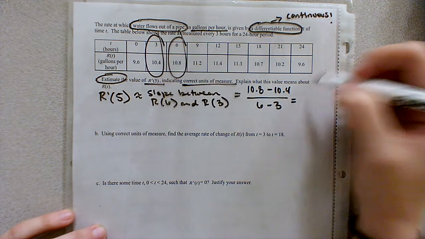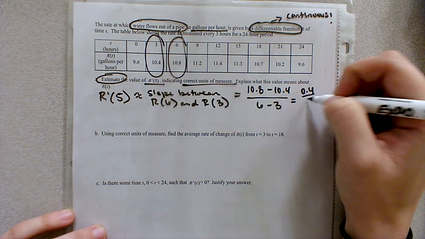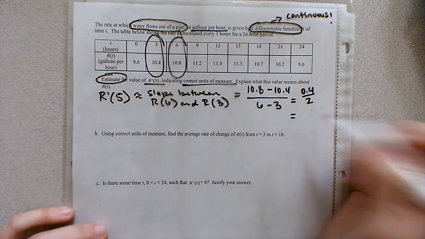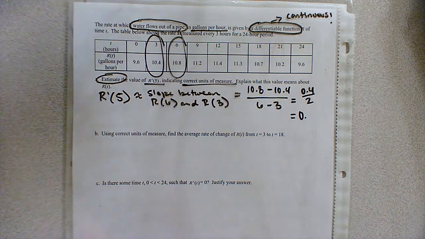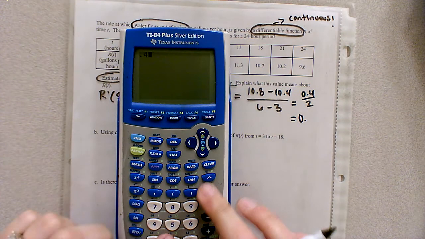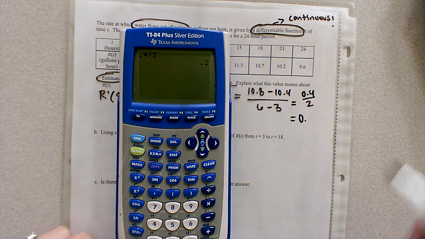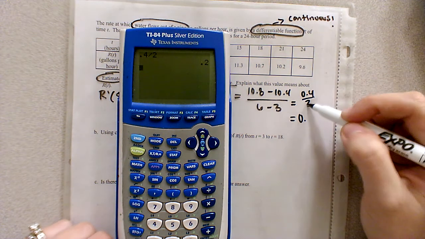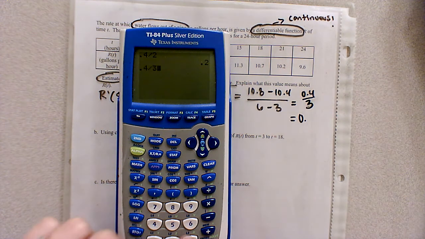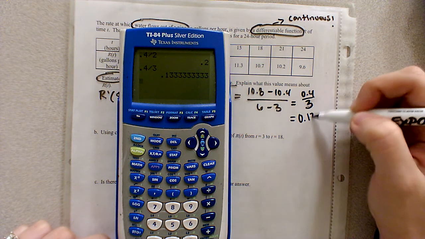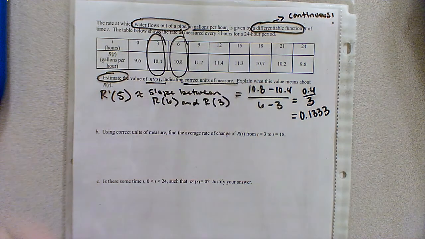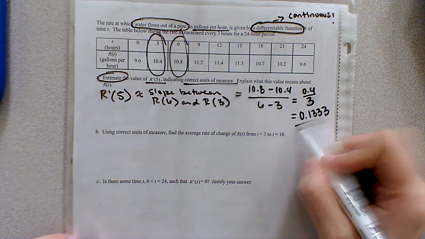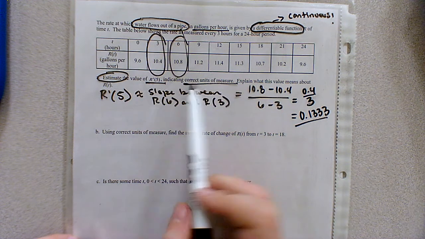So this will give us 0.4 over... oh wait, this should be 3. My bad. 0.4 divided by 3 is 0.1333. Okay, 4 decimal places, we're good to go. So this is our derivative value, r prime of 5.